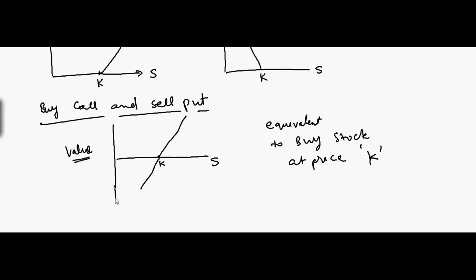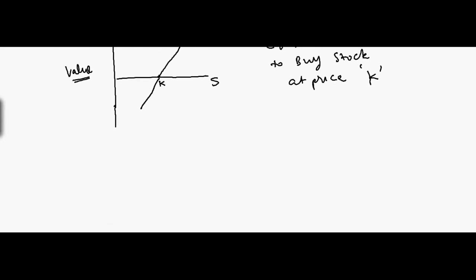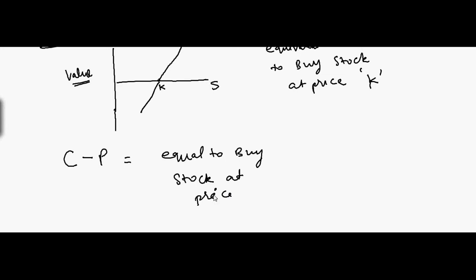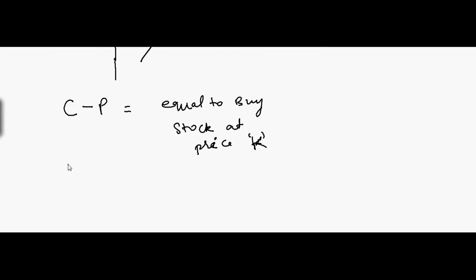So we can say that buying a call and selling the put is equal to buy stock at price k. Now suppose the actual price of the stock is not k but is s, so then you have to pay the difference. So that means c minus p will be equal to s minus k.